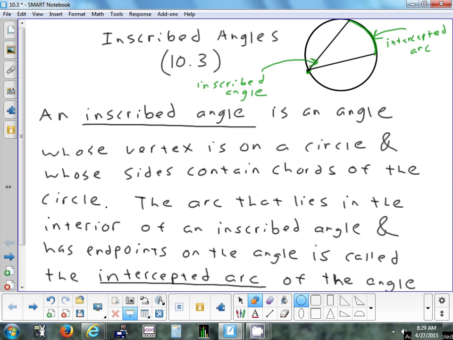Or if we didn't learn that, we will learn that. But if you've got something like this, that arc and that angle are exactly the same. These aren't the same. Yeah, the arc is going to end up being double. Or you could say the inscribed angle is half. So if this inscribed angle is 30, the arc is 60. Okay? That's the connection.